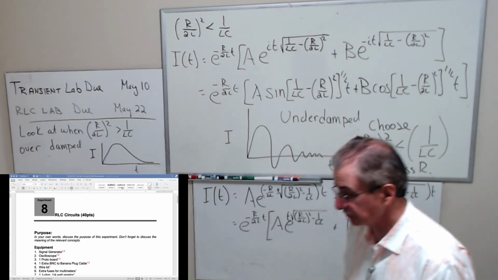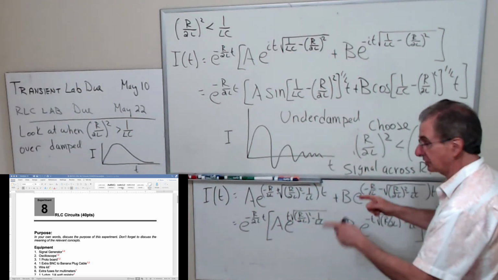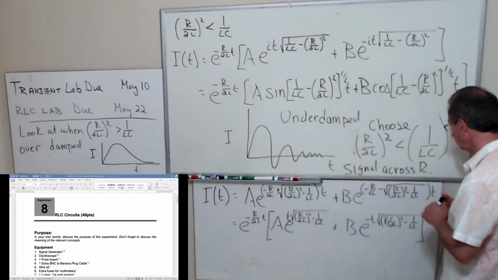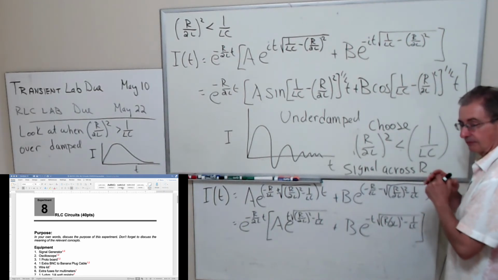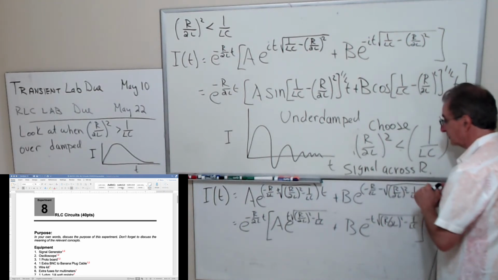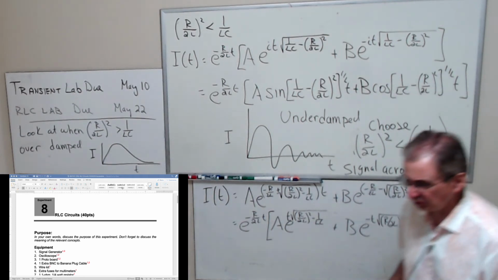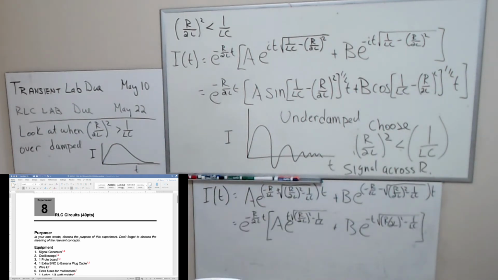I want you to build a circuit with a resistor, a capacitor, and an inductor, of the right values, so you get the ringing. And I showed you last week what it looks like. Hold on a second. Let me open up a file. I had it open last week.